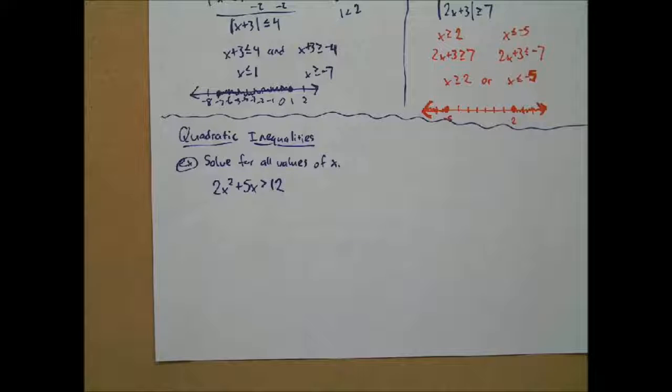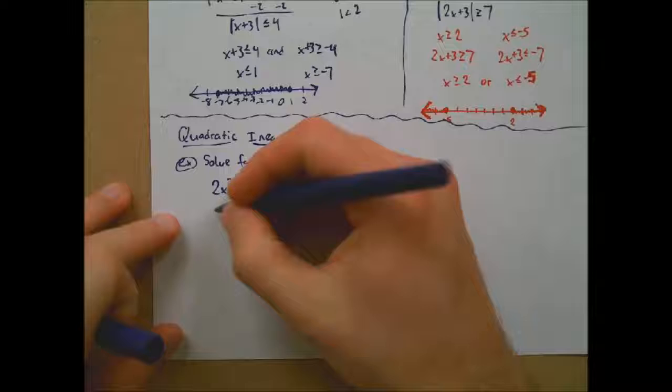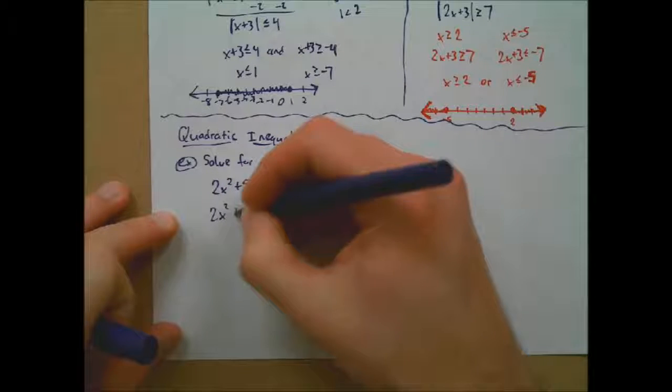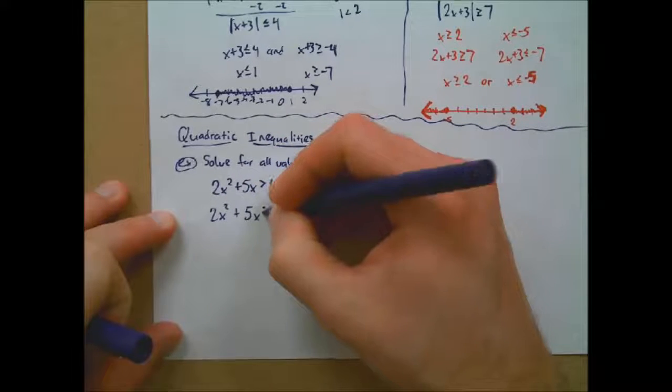So when it comes to solving a quadratic inequality, okay, what do you think might be a good idea? Where might be a good place to start here with this? Yeah. We want to have 0 on one side, just like we do with our equations, so 2x squared plus 5x minus 12 is greater than 0.